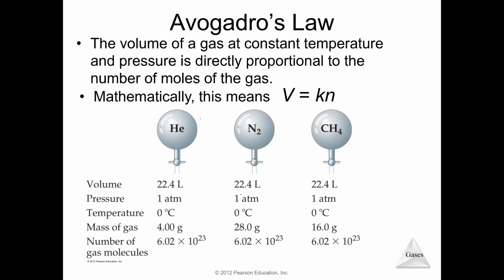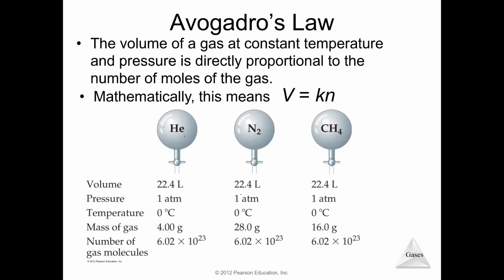So same here, here, here. And it doesn't matter what their size is, because we said at the very beginning, when we deal with gases and talk about the volume, we're not talking about the volume of the gas according to their size. We're talking about the volume of the container, the volume of the dispersion of the gas into the container.